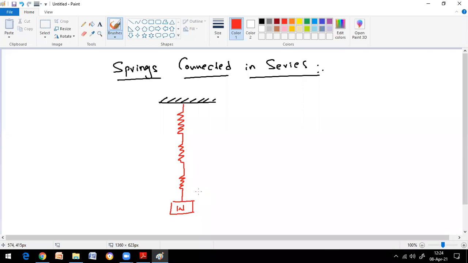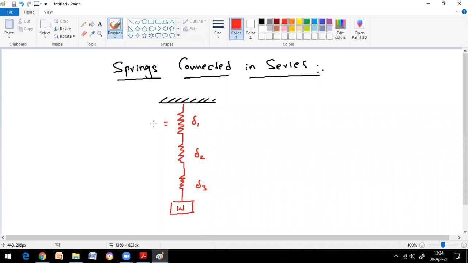Each spring carries the same load W, which is applied at the end of the unit. The total extension is the sum of the extensions of the springs, calculated in the form of delta. Delta of the first spring is delta 1, delta of the second spring is delta 2, and deflection of the third spring is delta 3. This represents deflection.